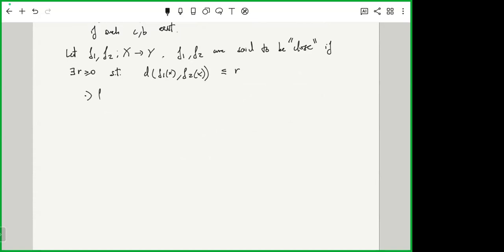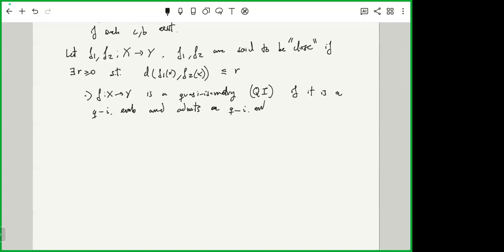So F from X to Y is a quasi-isometry, and I will just write QI in uppercase, if it is a quasi-isometric embedding and it admits another quasi-isometric embedding in the opposite direction, such that it's a quasi-inverse.